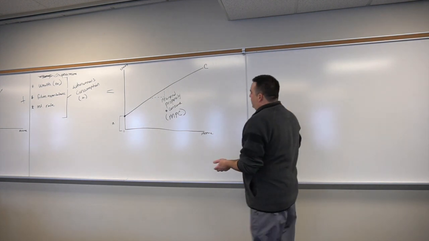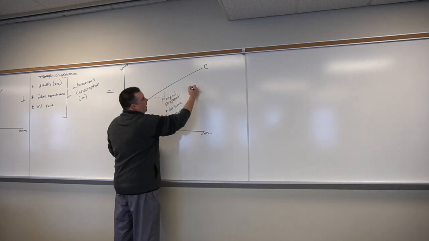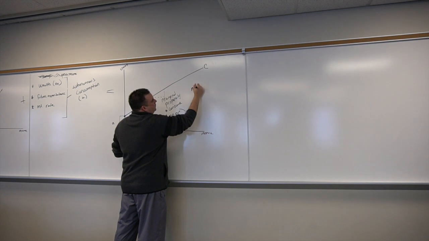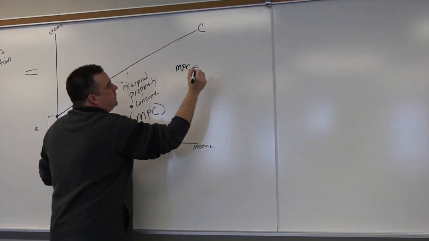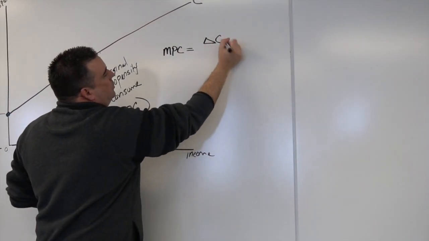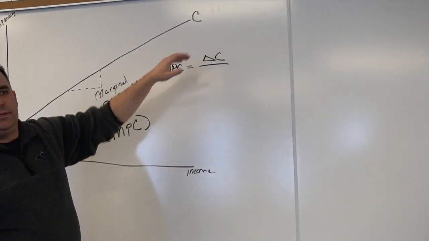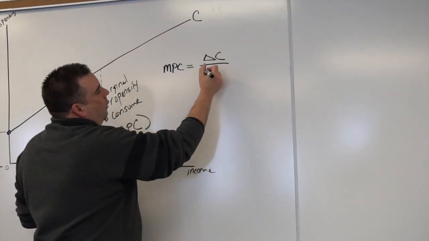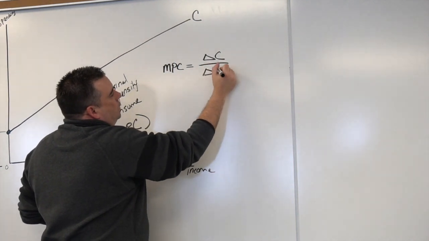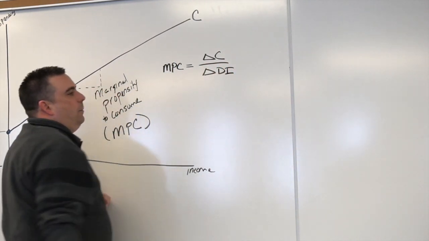So mathematically, we can find MPC as our change in consumption, the amount that consumption spending rises, per our change in disposable income.